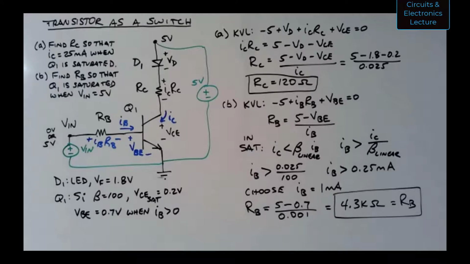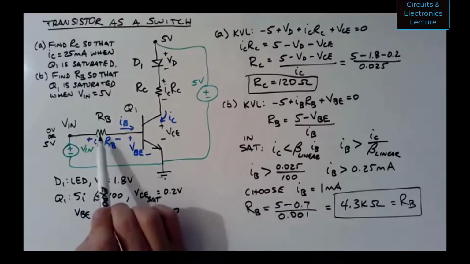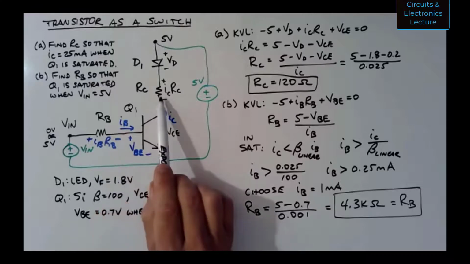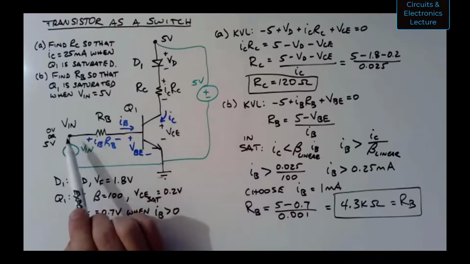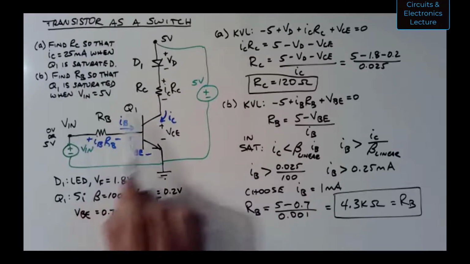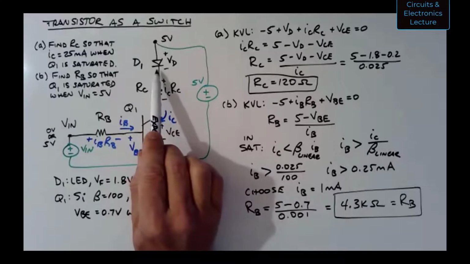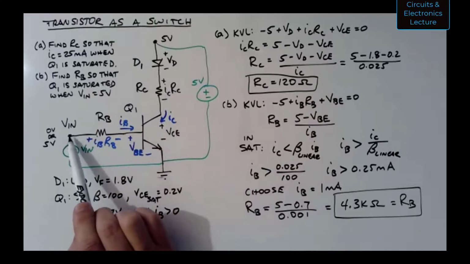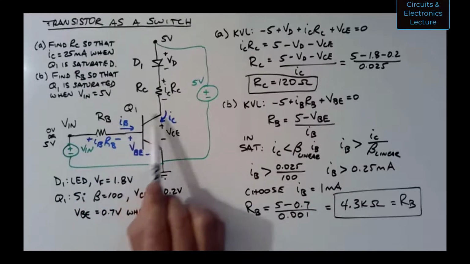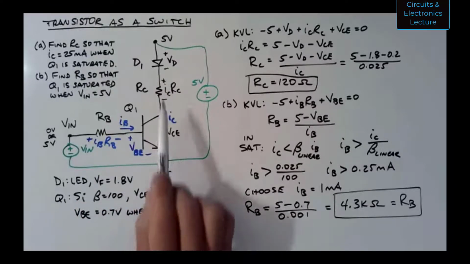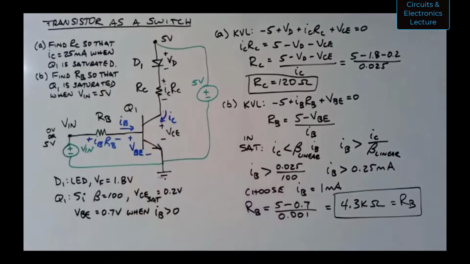So if I make this resistor 4.3 kilohms, and if I make RC, this resistor, 120 ohms, then when I apply 5 volts at Vin, I'll have 25 milliamps flowing through that LED. It'll light up nice and bright. When I apply 0 volts to the input, I'll have 0 IB. The transistor will be in cutoff. The LED will turn off because no current flows. IC would be 0.